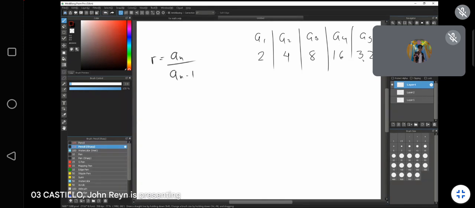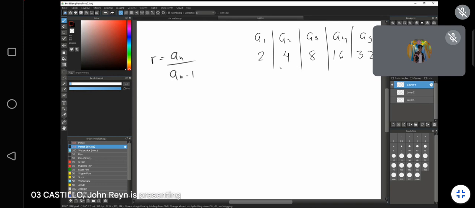To find the common ratio, we again divide the term with its preceding term. So in this case, it will be 32 divided by 16, or no, 16 divided by 8, 8 divided by 4, then 4 divided by 2.